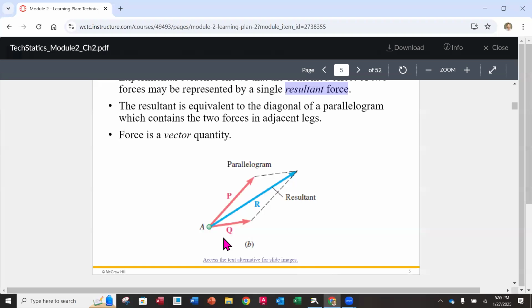This is going to be my point A. And if we go back to our illustration, we have Q kind of going up and to the right. I'm just going to draw this in a way that is going to kind of represent it, because right now we don't know actual magnitudes and we don't know actual angles or directions. We're going to sketch this out for process.